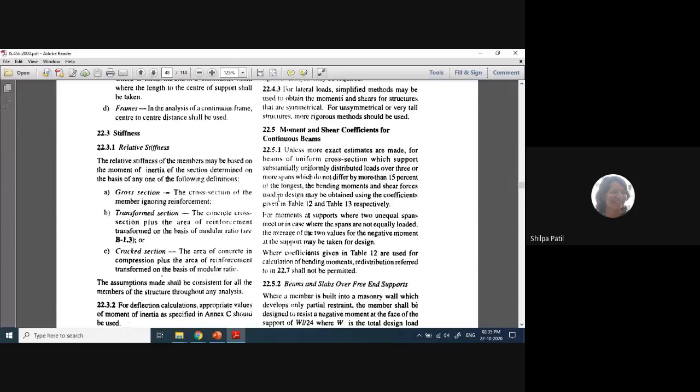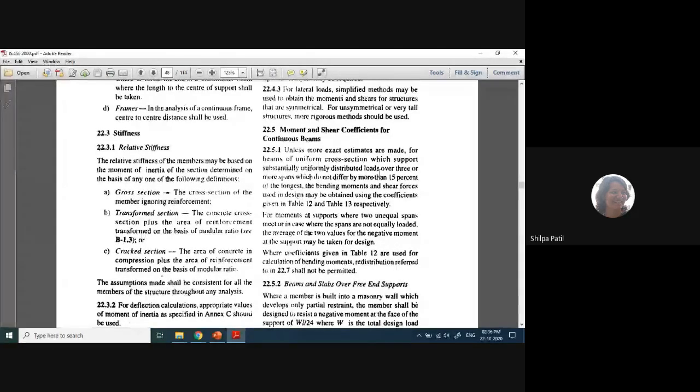Are you getting the concept now? So there are three criteria to make use of this empirical method. First, the spans must be three or more. Second, all the spans are subjected to UDL. And third, the difference between the spans should not be more than 15% of the longest.